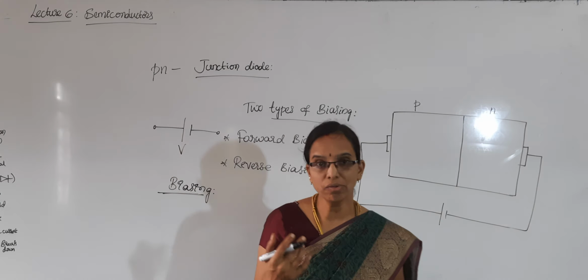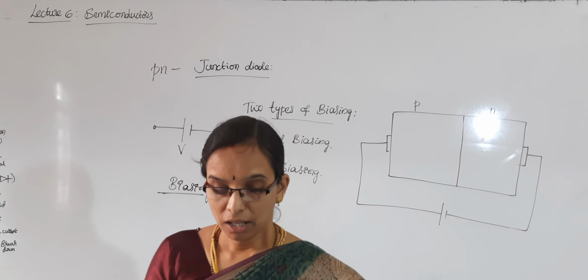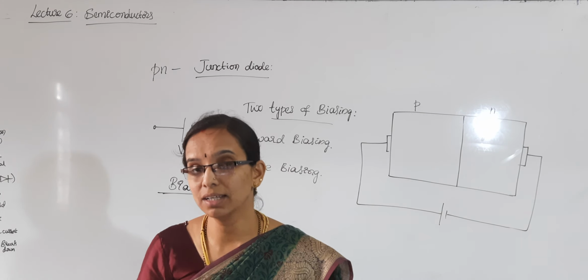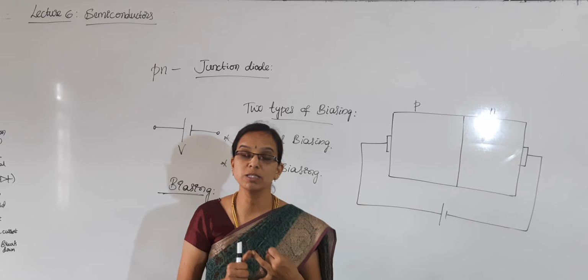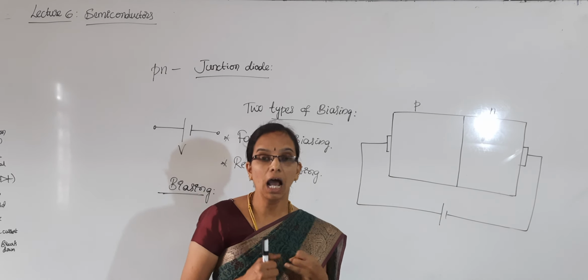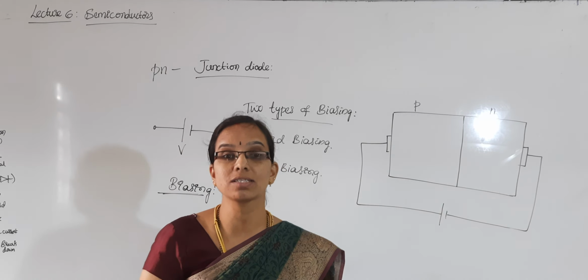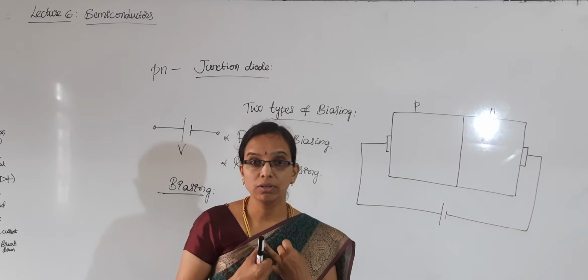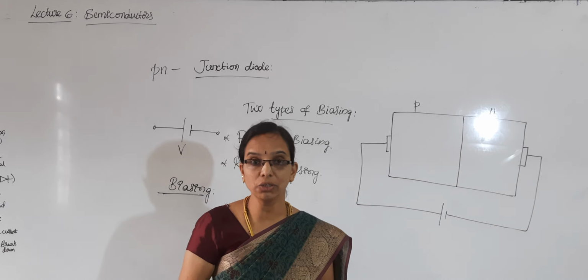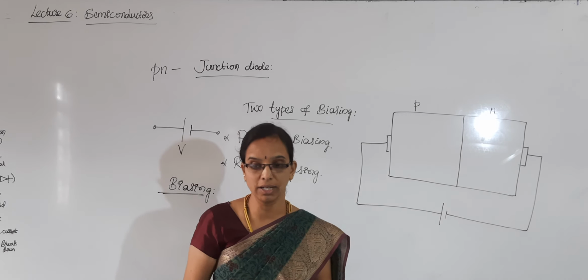First we will look into forward biasing. See, we have studied semiconductors, and in the semiconductor diode, that is the PN junction diode, we have studied how it works. For the PN junction diode to work, you need to supply external voltage.